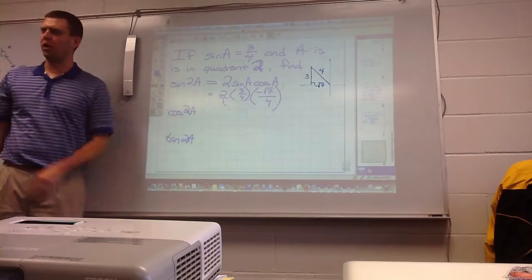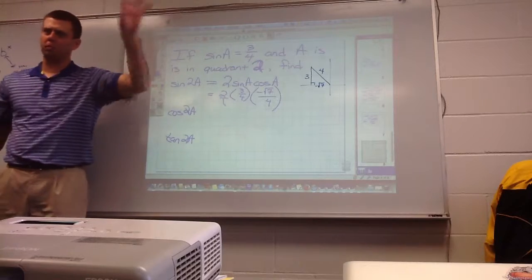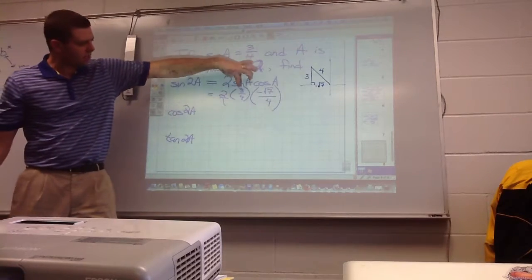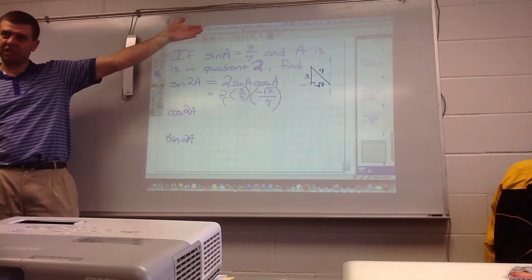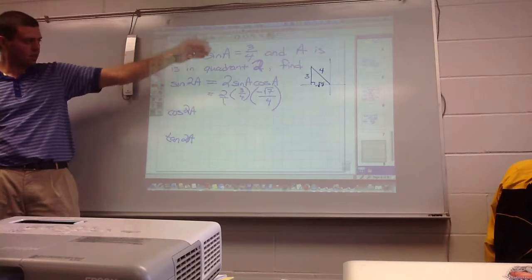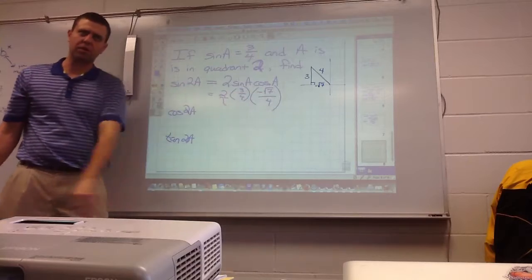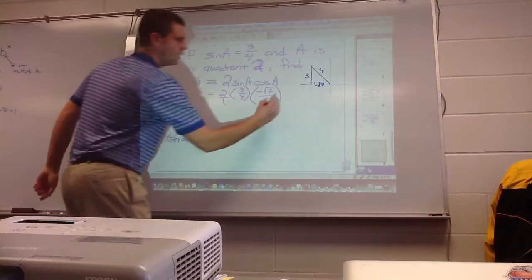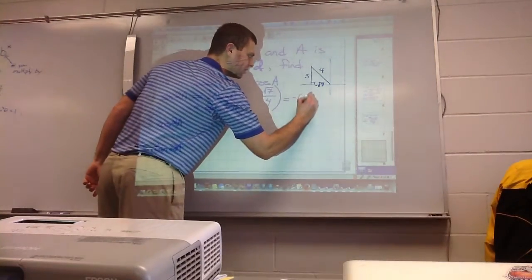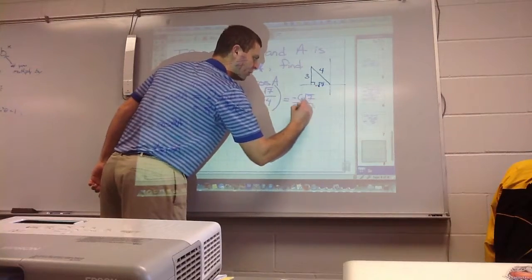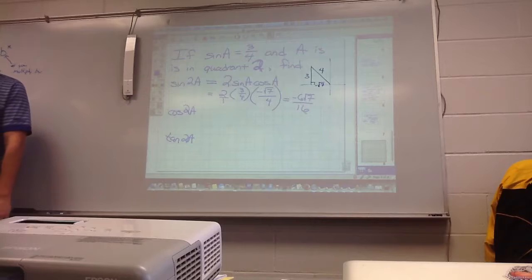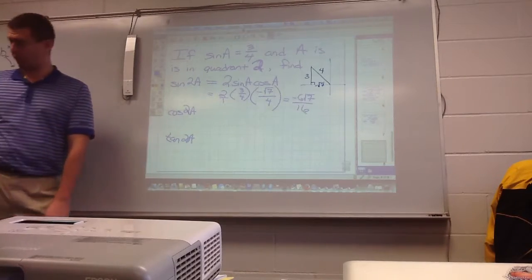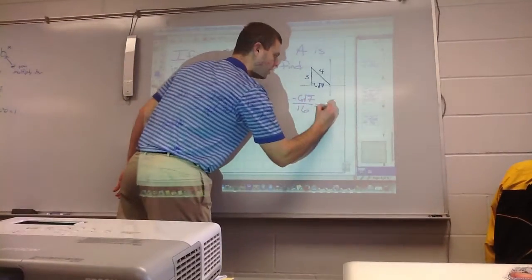I put the 2 over the 1 just so I have a bunch of fractions that I'm multiplying together. 2 times 3 times negative root 7 would give me negative 6 root 7. 1 times 4 gives me 16. So negative 6 root 7 over 16, which can be reduced. Negative 3 root 7 over 8.